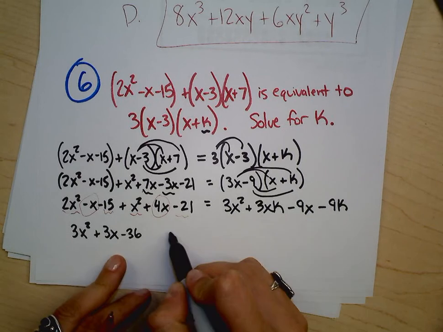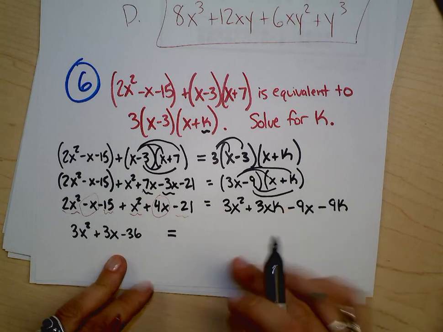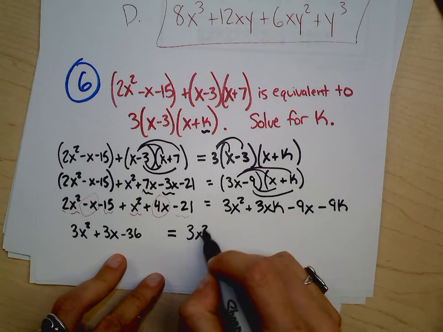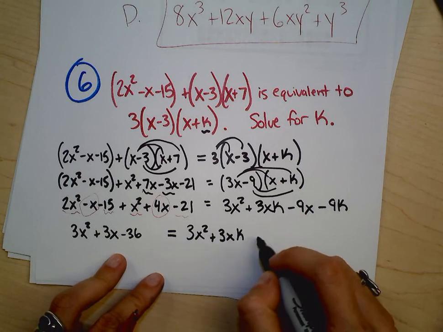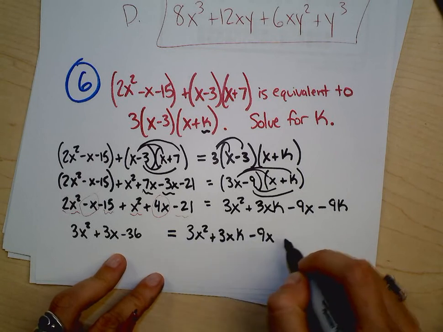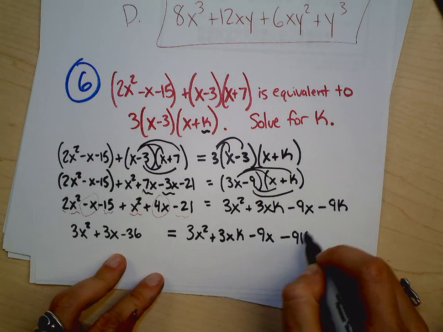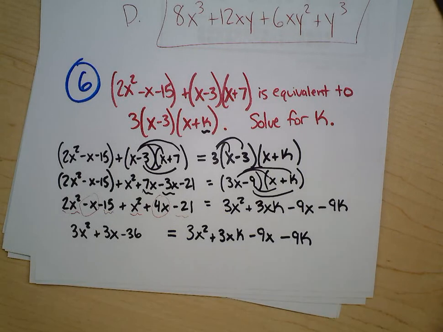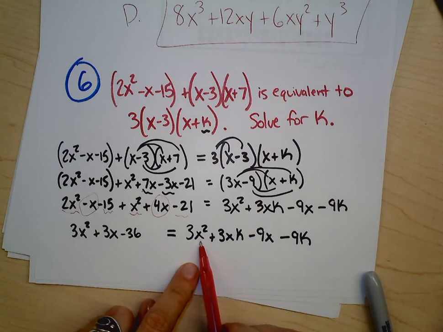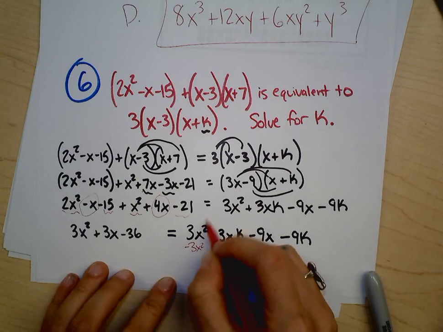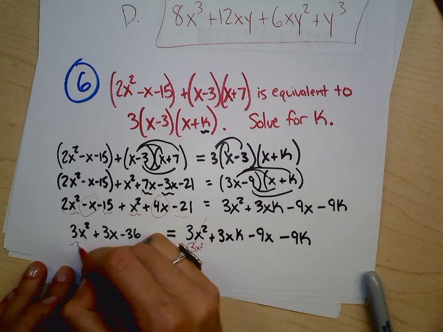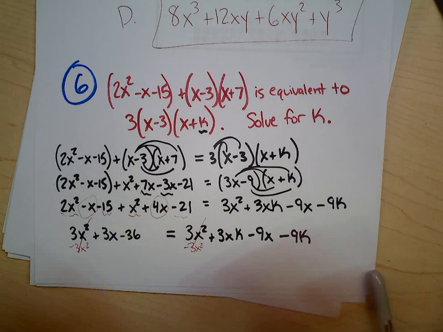So I have equals. I'm going to rewrite this. 3x squared plus 3xk minus 9x minus 9k. Okay. So I have a 3x squared and a 3x squared. Those are going to cross out. So if I were to subtract 3x squared from both sides, we're done with the 3x squared's.